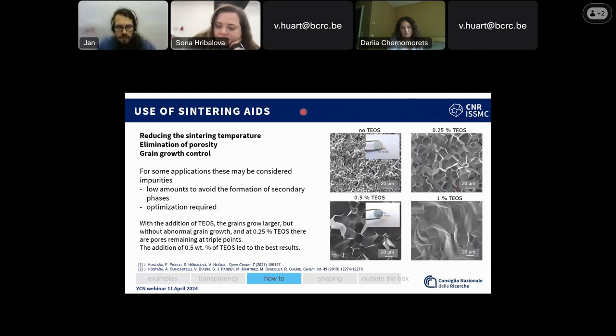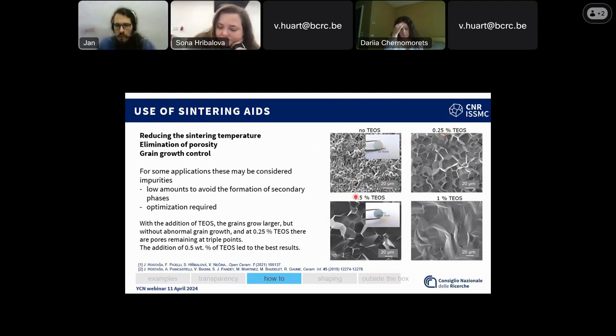Another attempt, although here it was from opaque to translucent, but I really like the approach, was the use of templated oriented grain growth. In this case, the authors added to fine alumina powders also some particles that had a high aspect ratio.